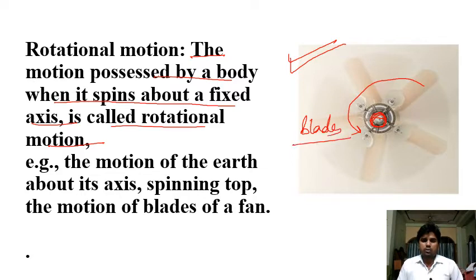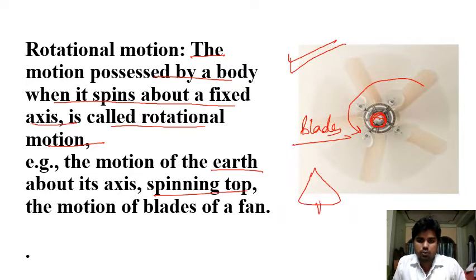Another example can be the motion of the earth on its own axis, that is known as rotation. And spinning the top, that is, the lattu, if you know, which is rotating around this, and the motion of the blades of the fan. So these are the examples of rotational motion.